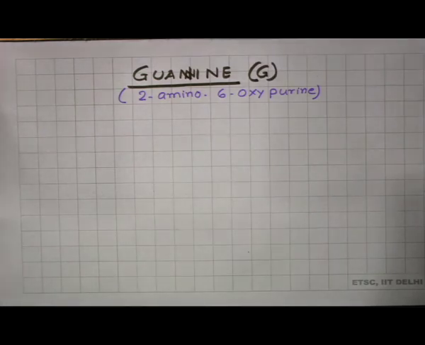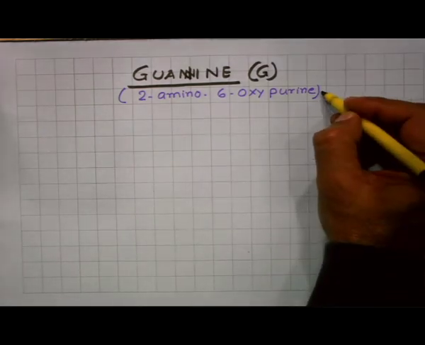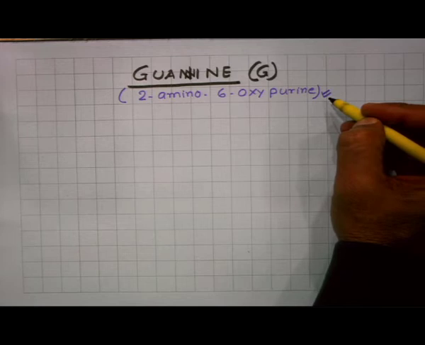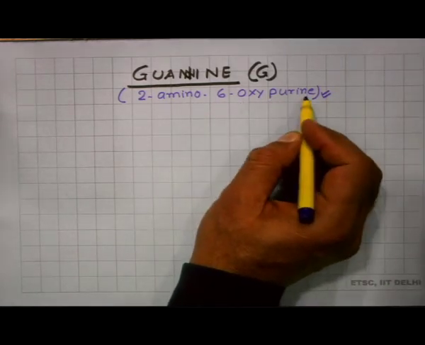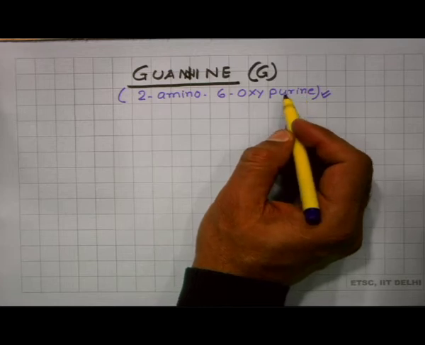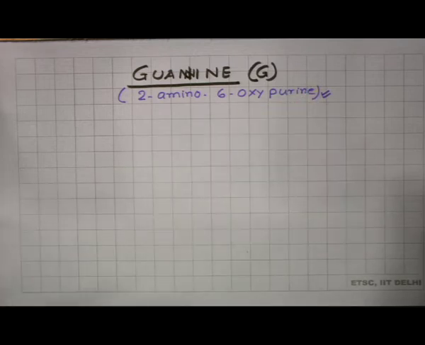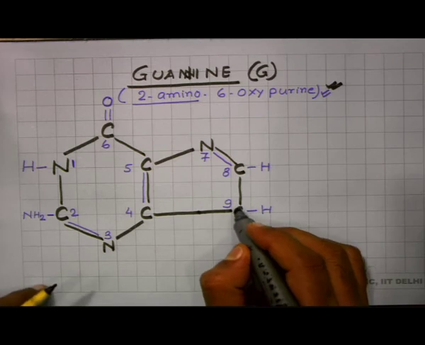So, now if we know the chemical name of guanine, 2-amino-6-oxypurine, we can easily write the structure of guanine. Here is nitrogen.